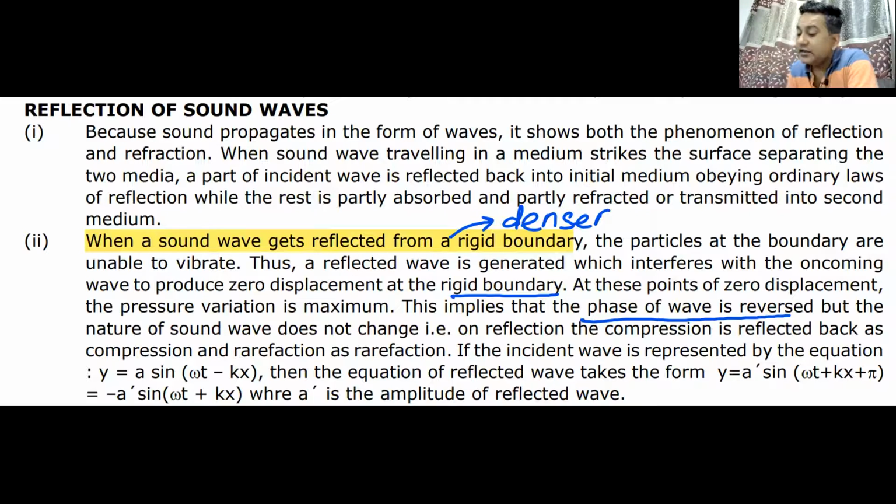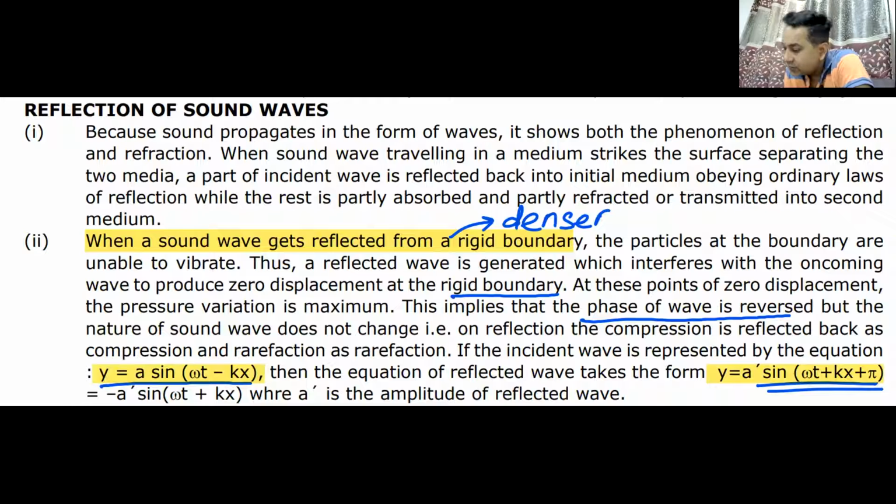That means it undergoes a phase difference of pi. Here you can see what I have underlined. The initial wave was y equals a sine (omega t minus kx). When it reflects from a denser medium, the amplitude becomes a dash. If it is not getting 100% reflected, a dash will not be the same as a. If it is getting reflected 100%, a dash will be the same as a. Do we understand this?